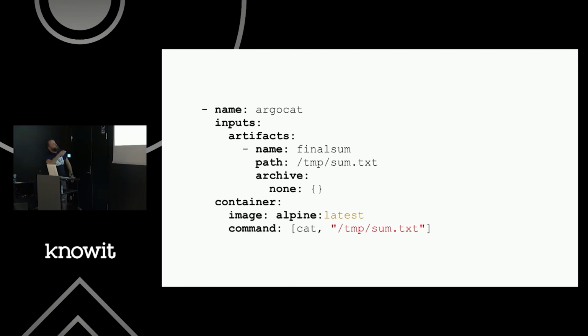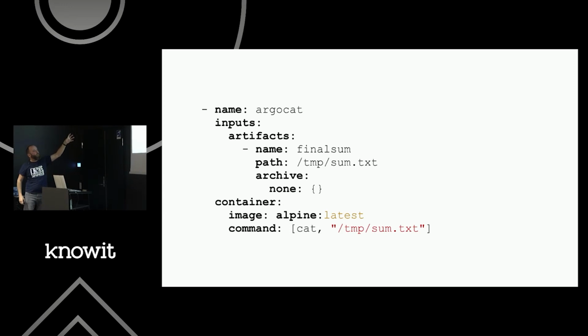And this is the last one. And here's one thing I would dislike a bit about Argo. There's many ways to skin a cat, or many ways to define a template. As you can see, I don't use the script, I use container here instead.